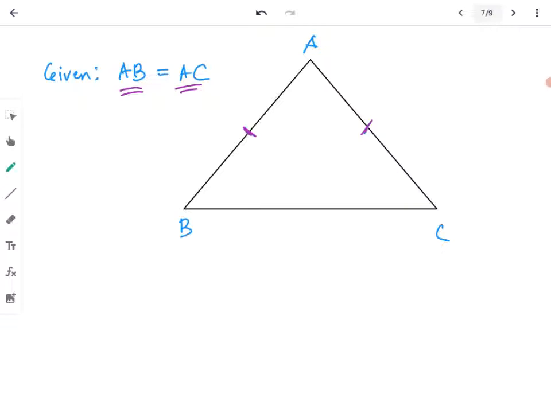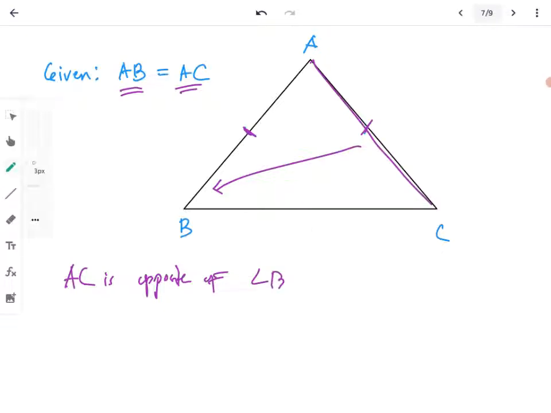Now, since these two sides, AB and AC, are equal, their opposite angles are also equal. Okay? So we just go to their opposite angles. If this is the side, this is the opposite angle. So AC is opposite of angle B. Then if we use this side, the opposite angle is that one.